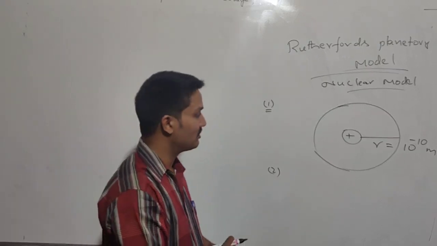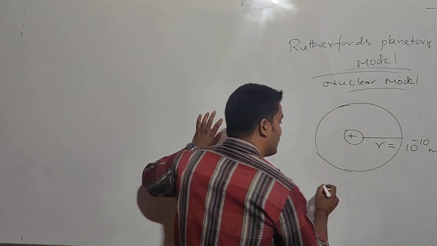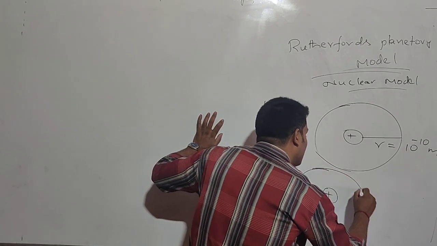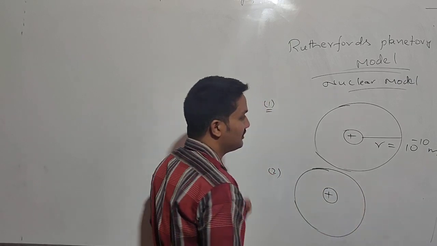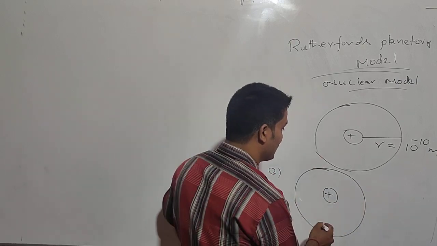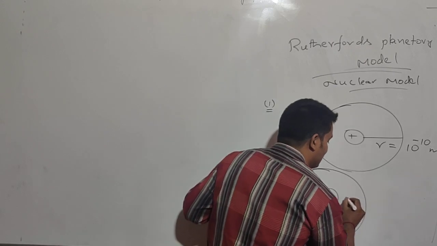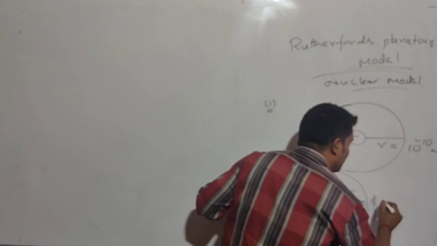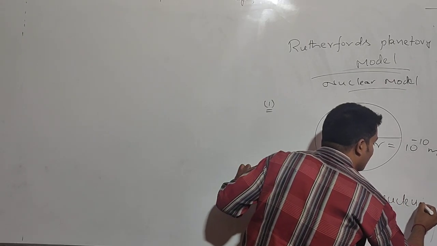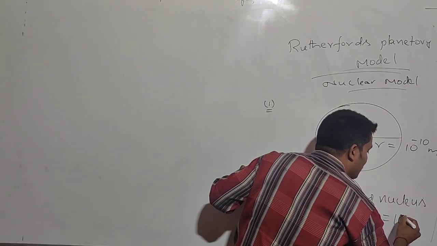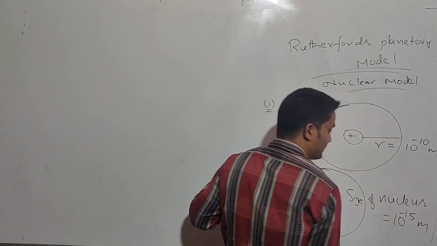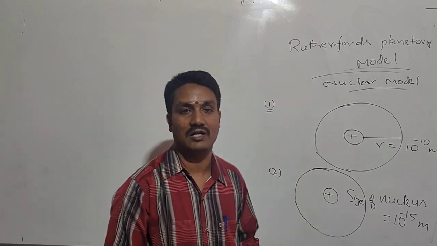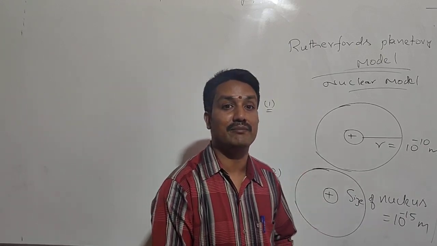The second one: the size of the nucleus is given here as 10 power minus 15 meters, in the order of 10 power minus 15 meters, also called femto, otherwise 1 Fermi.